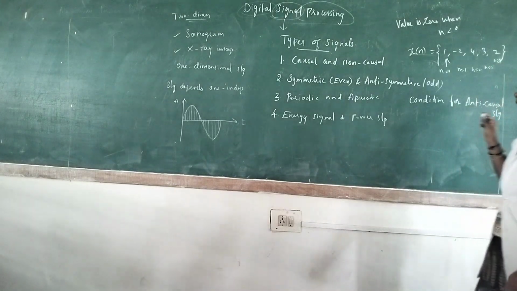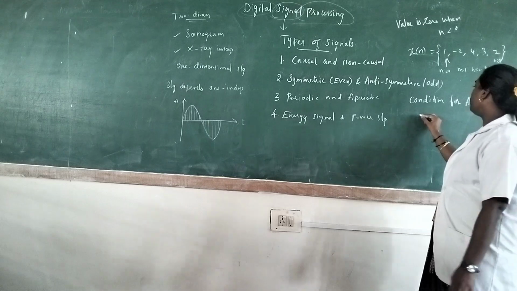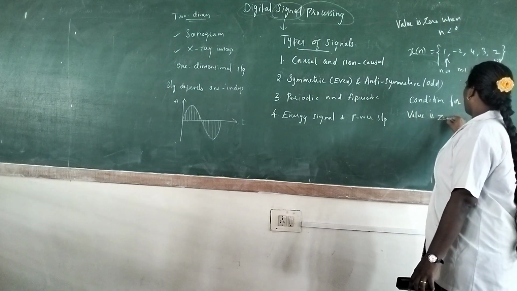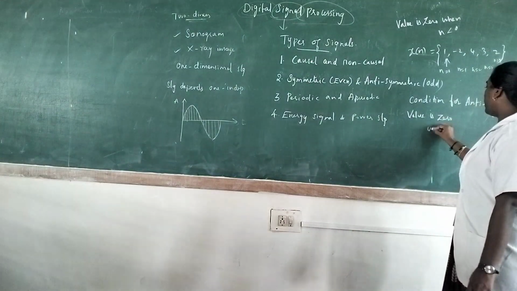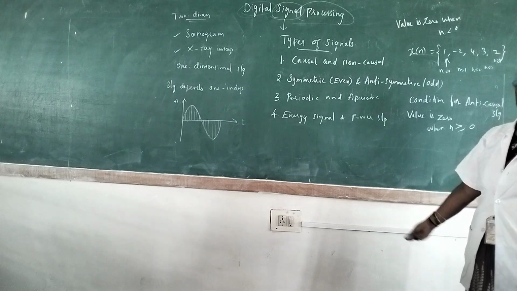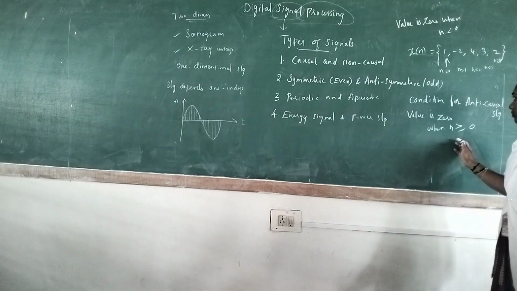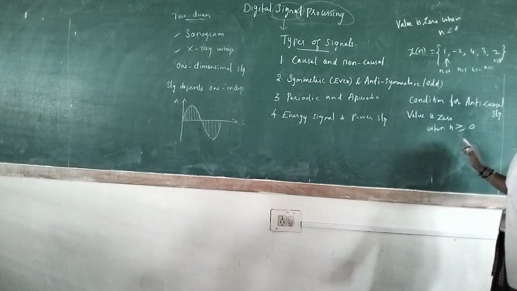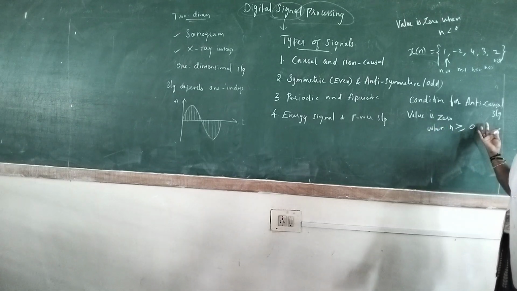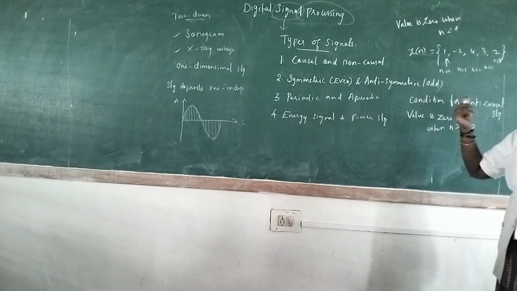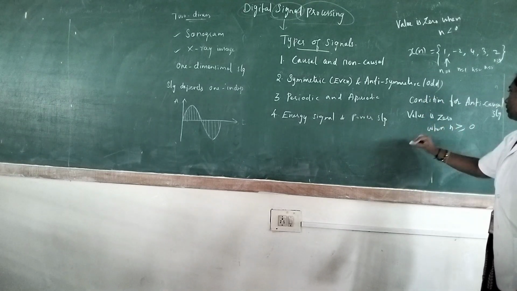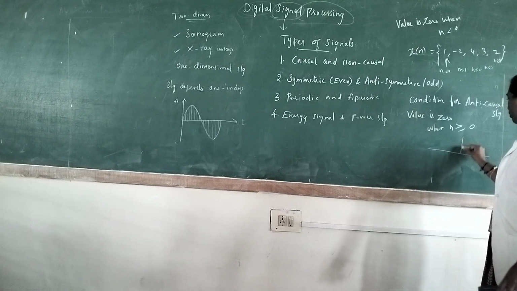So the condition for anticausal signal is the value will be 0 when n greater than or equal to 0. It means that from n equal to 0 to n equal to infinity, the value will be 0. So you will be getting the values on your negative side. So now I will represent this in graphical form.